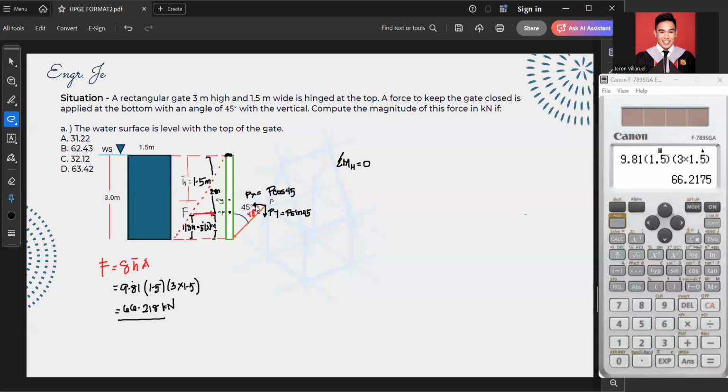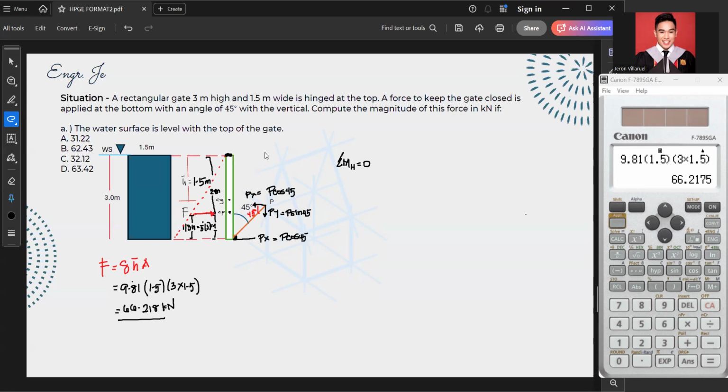Since the location of our Px is difficult to determine, we can use the principle of transmissibility and transfer it to the bottom. That is Px or P cos 45. We can move it along its line of action.